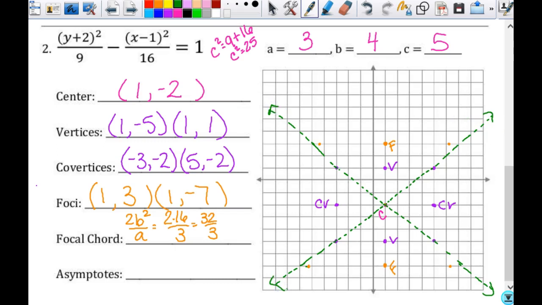Okay. And then I can go and draw in my shape, hitting the points on the focal chord and staying tight against the asymptotes. There you go. Everybody okay with that?